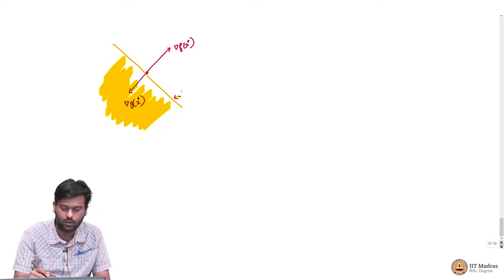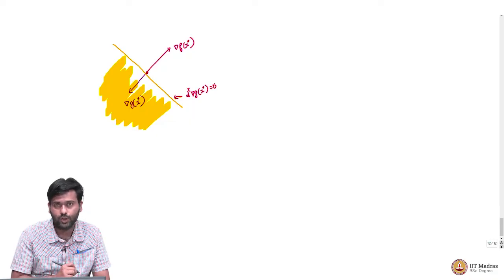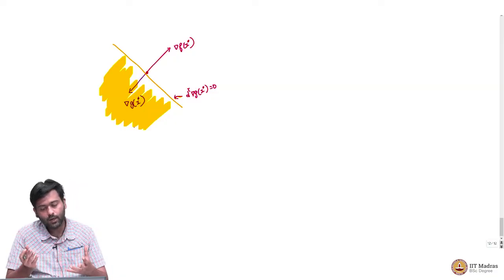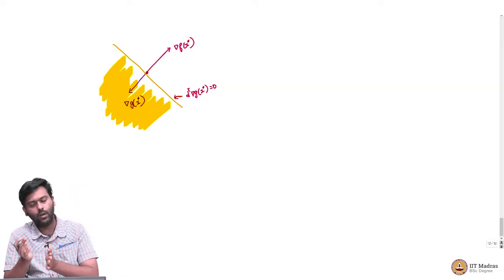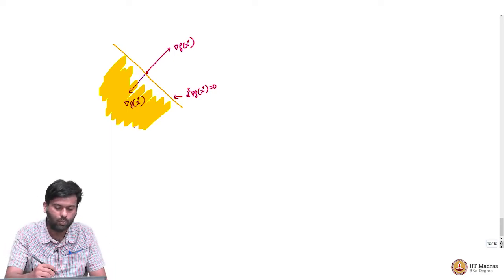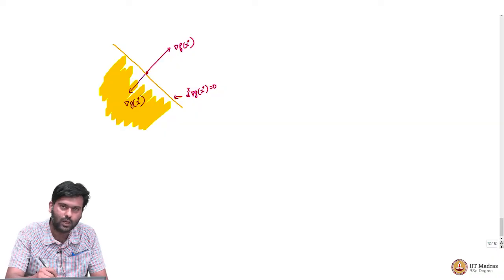So, this is d transpose del g of x star equals 0, the orange line, whereas the yellow line is the descent direction, which means that the moment I move along the yellow direction, I go away from the orange line, right. So, I cannot move along the orange line and still descend, that is the point.